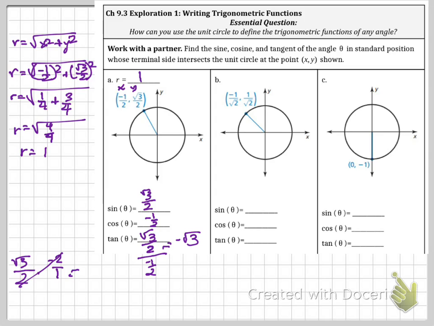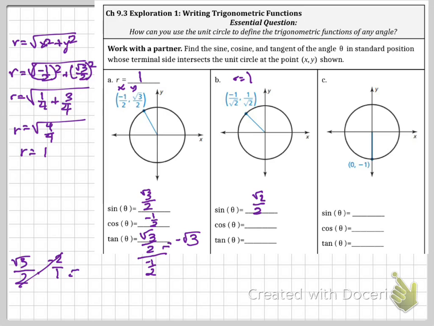And then for b, if you figured it out, the radius again is 1. And so if you find the other trig functions there, you should have gotten, oh no, that's not 1, sorry. That would be square root of 2 over 2.